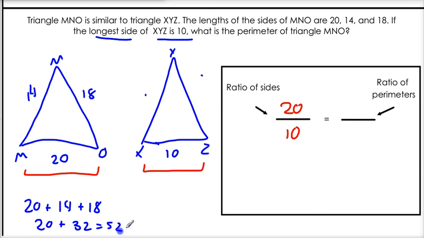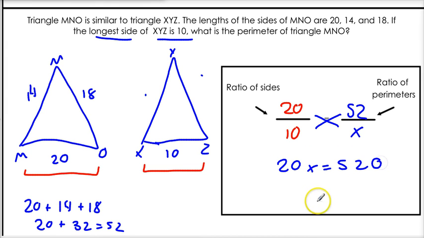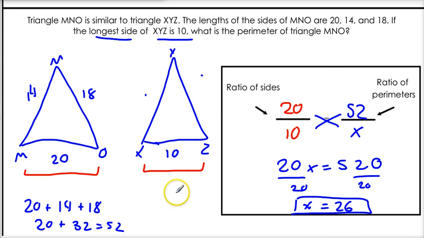So once again, it's 52. And our smaller perimeter, we don't know, is x. You cross multiply those and you get 20x is equal to 520. Divide both sides by 20. We get x is equal to 26. That is the perimeter of our smaller triangle.